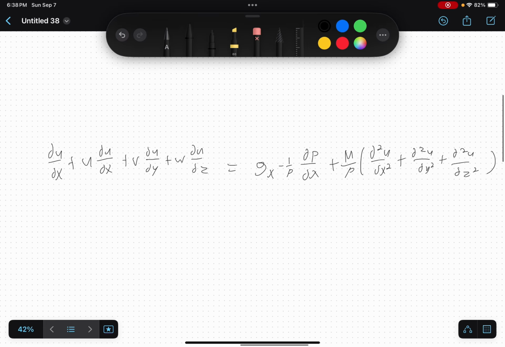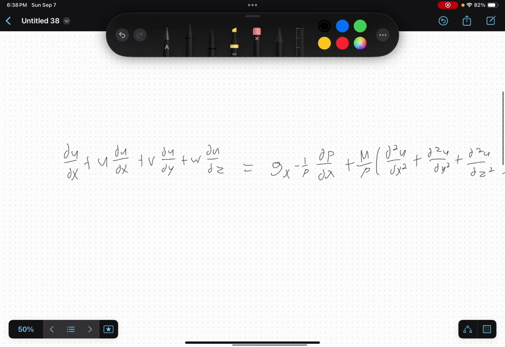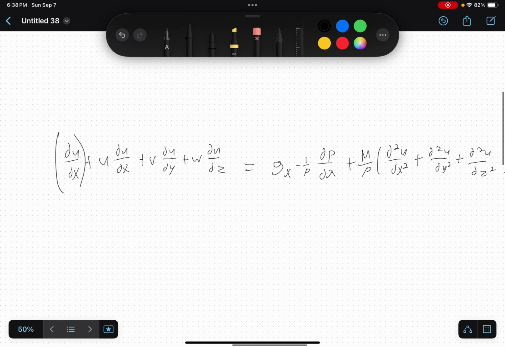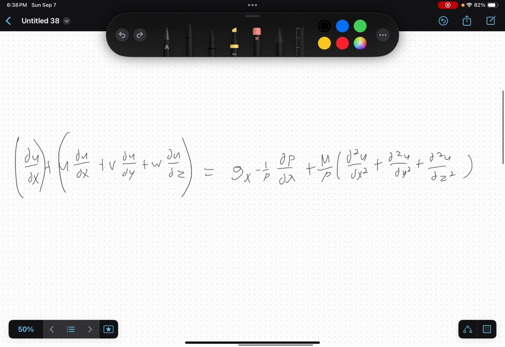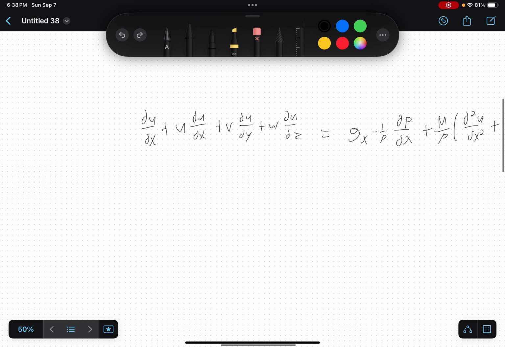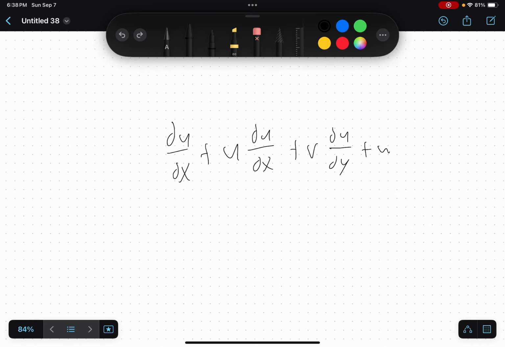Okay, so we can break this up into a couple different chunks. There's this chunk, there's this whole chunk, this one, and this one. So let's rewrite each chunk in vector form. The x component of velocity is u, which is what I wrote out here.